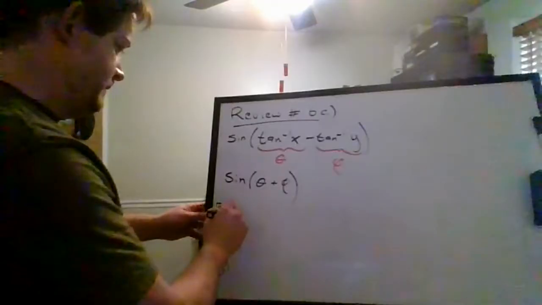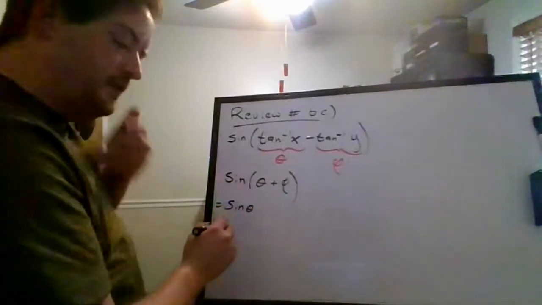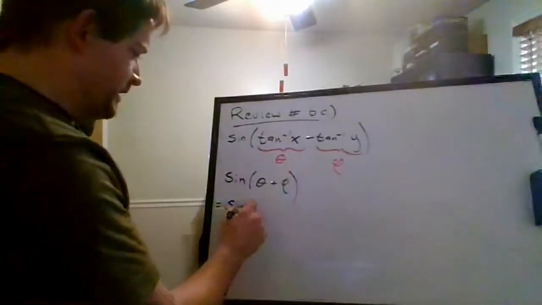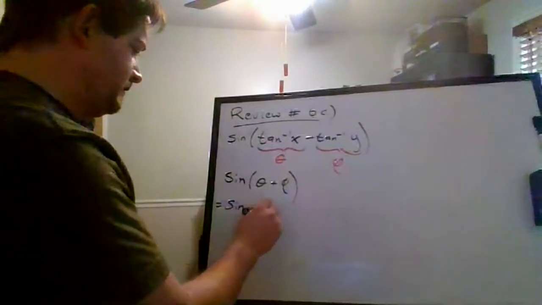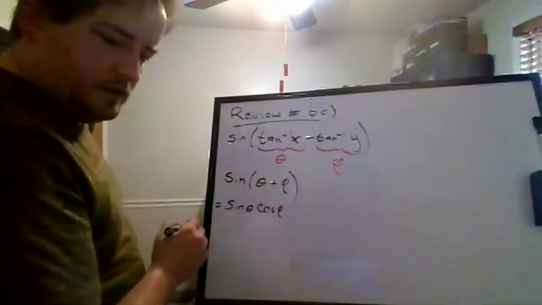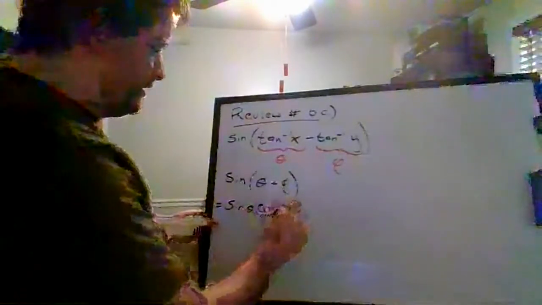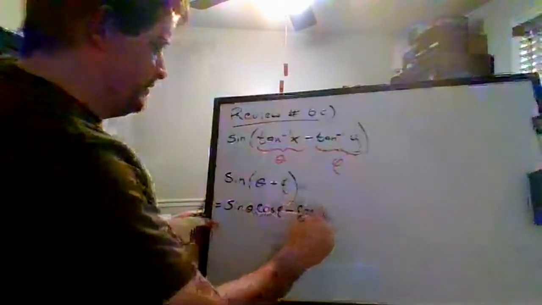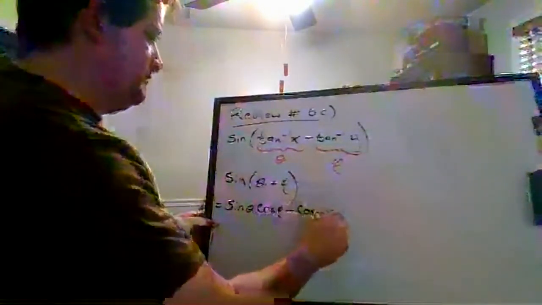So I can rewrite this then as the sine of theta plus phi. I should recognize this. It's the sum of sines, or it's the sine of theta times the cosine of phi minus the cosine of theta times the sine of phi.